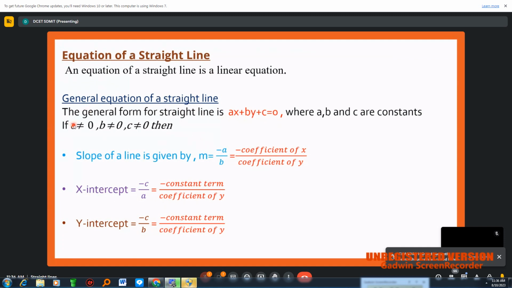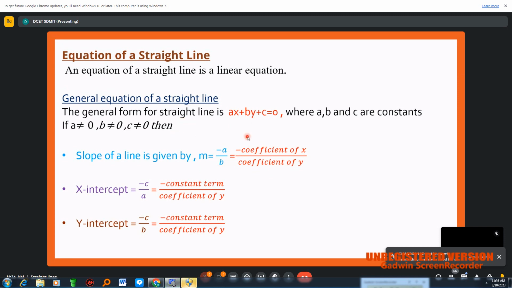If a, b and c are not equal to 0, then we have formulas to find the slope, x-intercept and y-intercept. The slope of a line is given by minus a by b, where a is the coefficient of x and b is the coefficient of y. You should remember this formula.